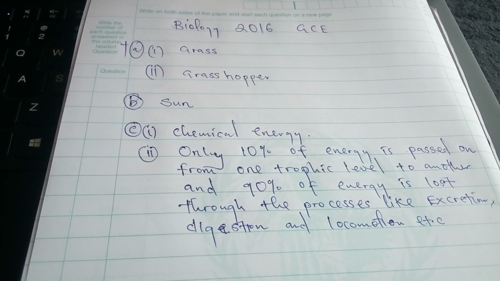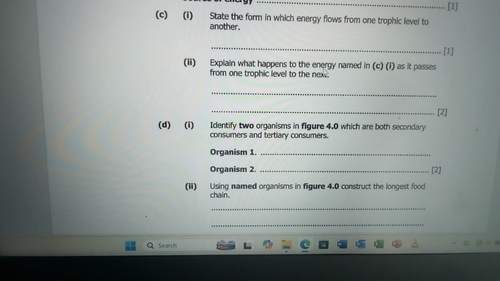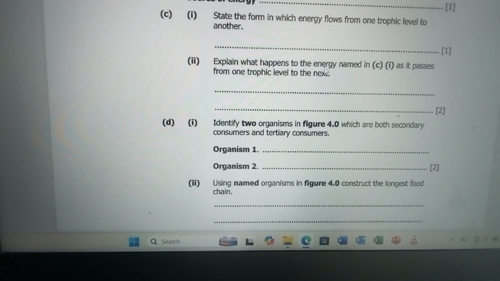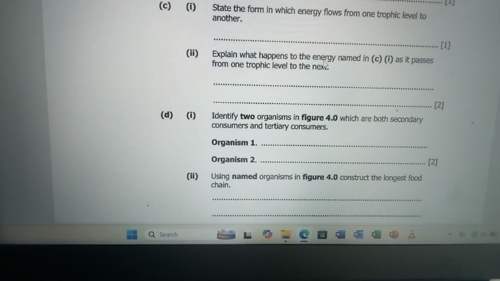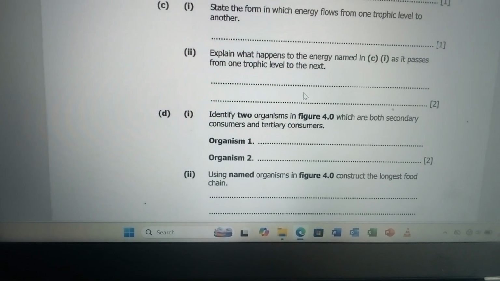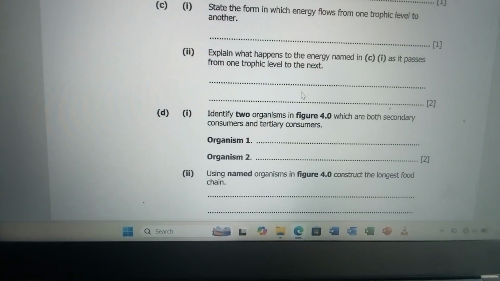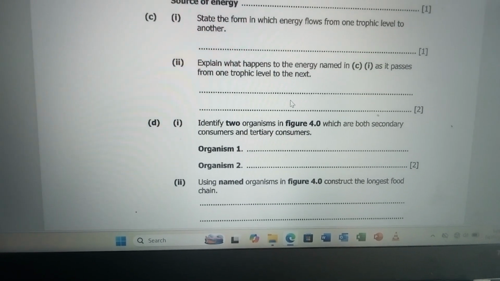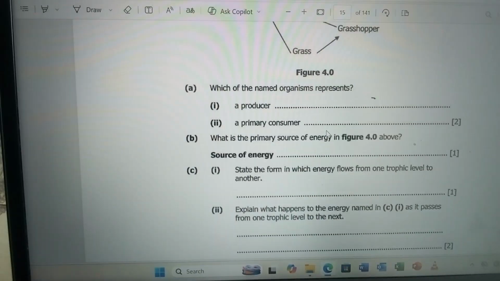So we move on to the next one. The third question, they are saying identify two organisms in figure 4.0 which are both secondary consumer and tertiary consumer. So you have to go back to the diagram.